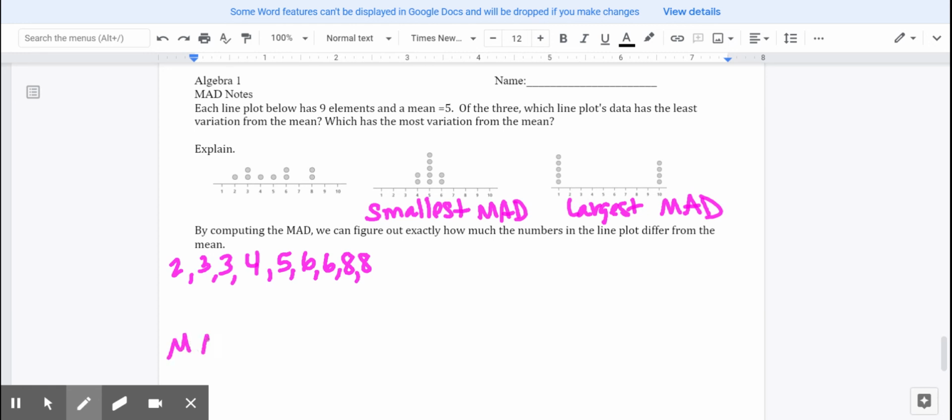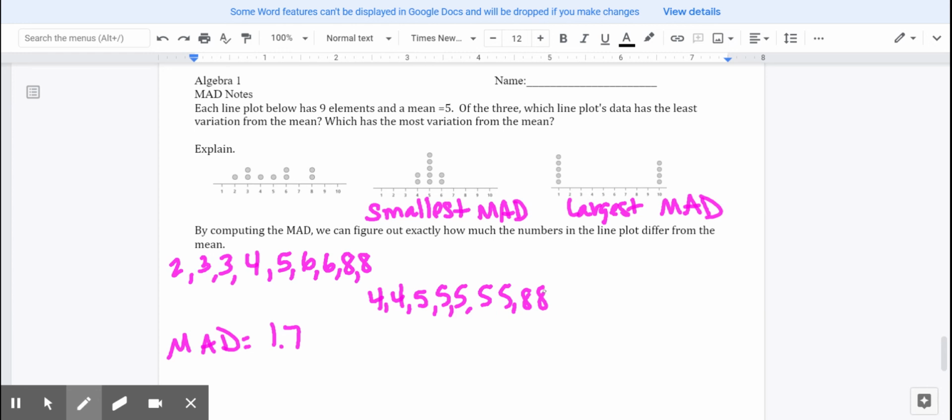And you should have gotten that your MAD for this first one is 1.7. Now I'm going to do the same thing with the second data set. So 4, 4, 5, 5, 5, 5, 5, 8, 8. And if you've read the instructions here, it helps you because it tells me the mean of each data set is 5.